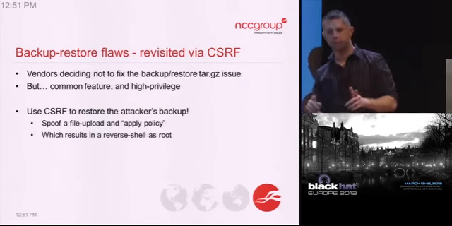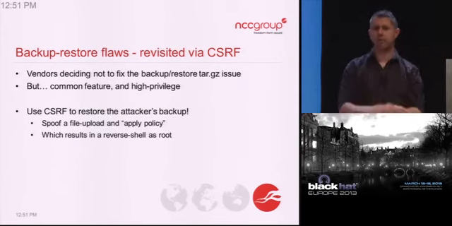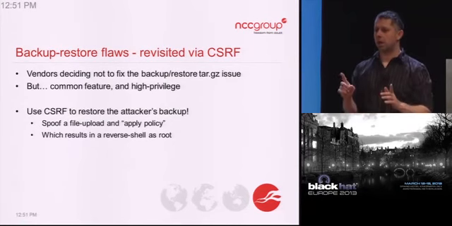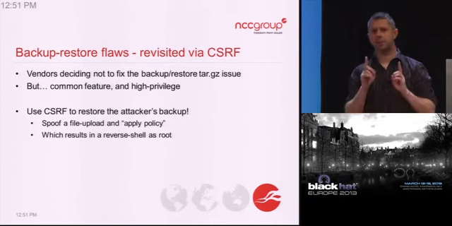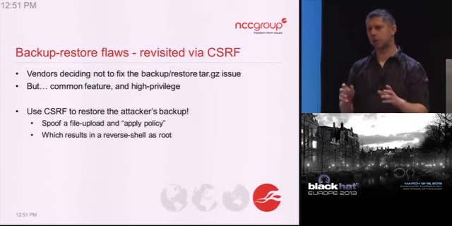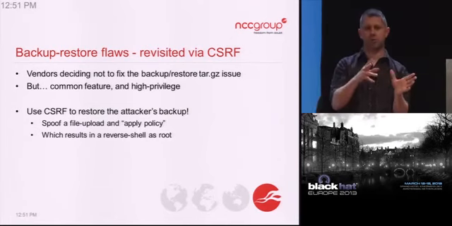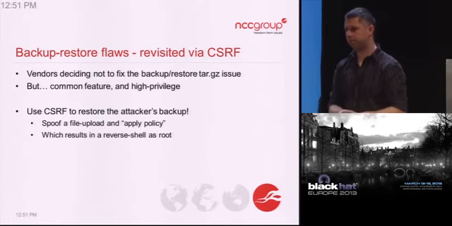And when you do a restore, it restores that from the top of the file system as root, without any integrity checking, or with very minimal integrity checking. So by taking a backup and adding some files, you can overwrite or add arbitrary files to the underlying operating system.